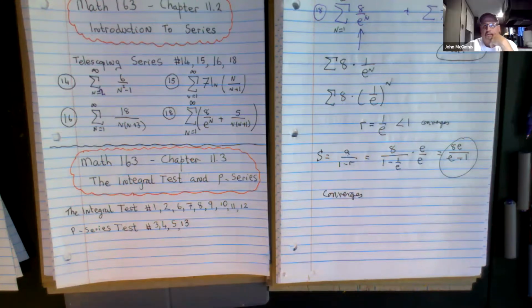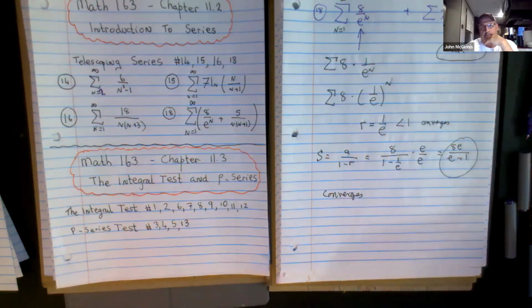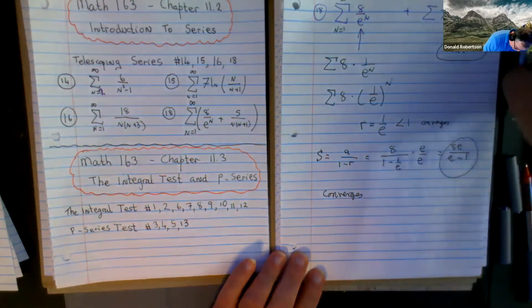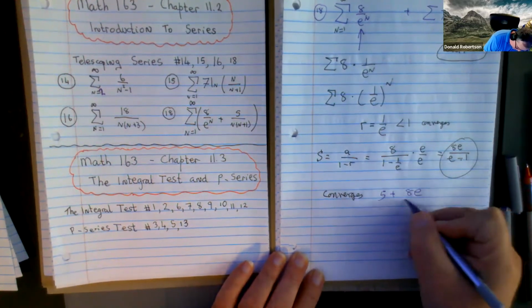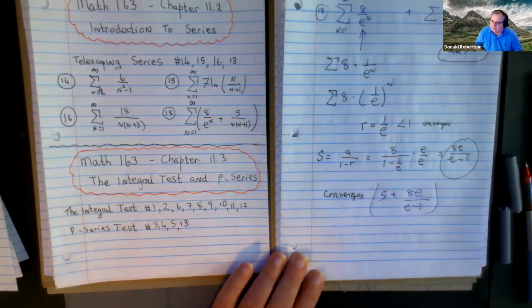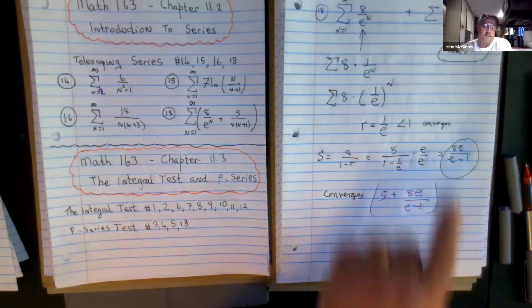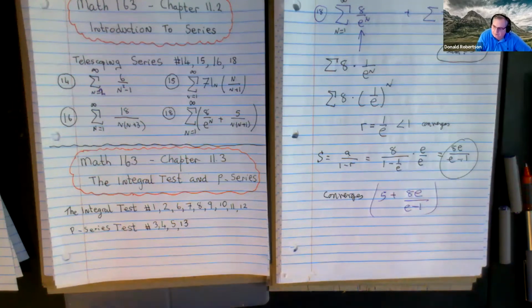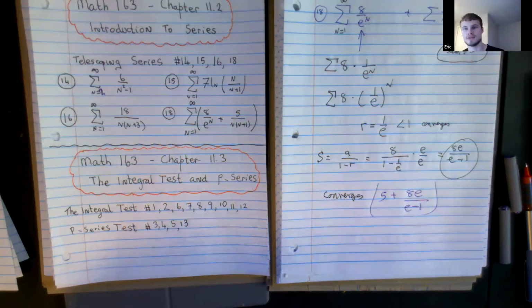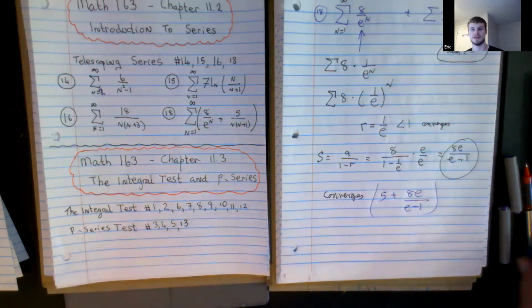Does it converge on 1 point? It converges to 5 plus 8e over e minus 1. That's what it would add up to. Okay. So, how is the A equal to 8E? Could you go over that real quick again?